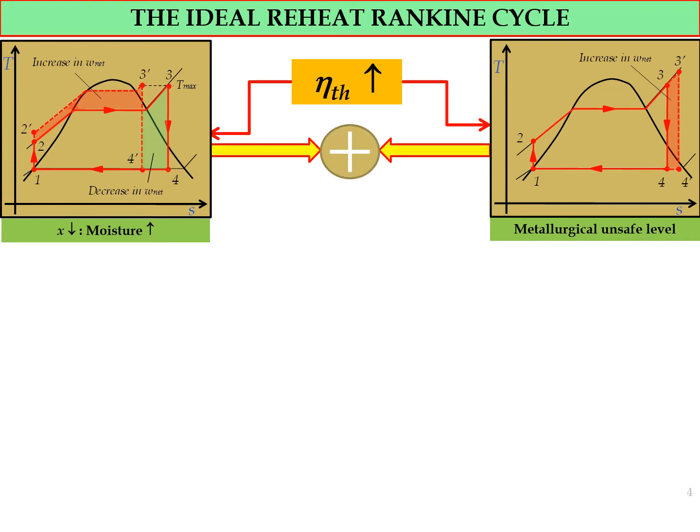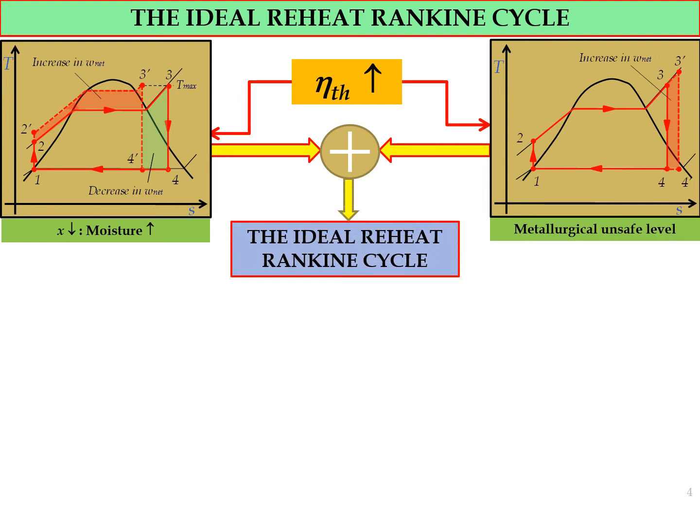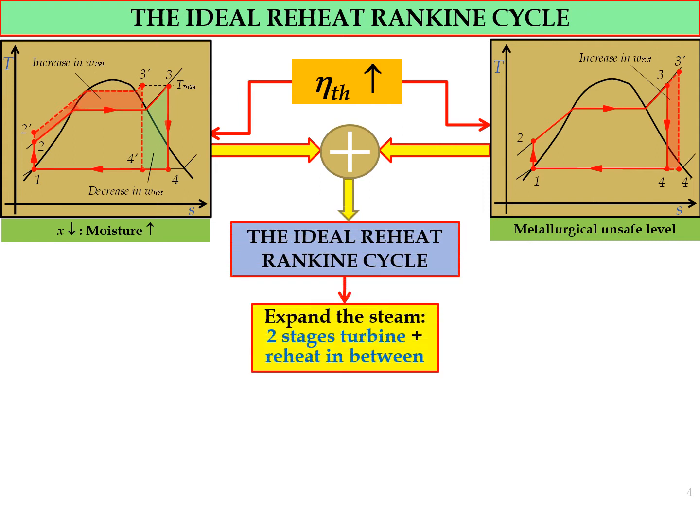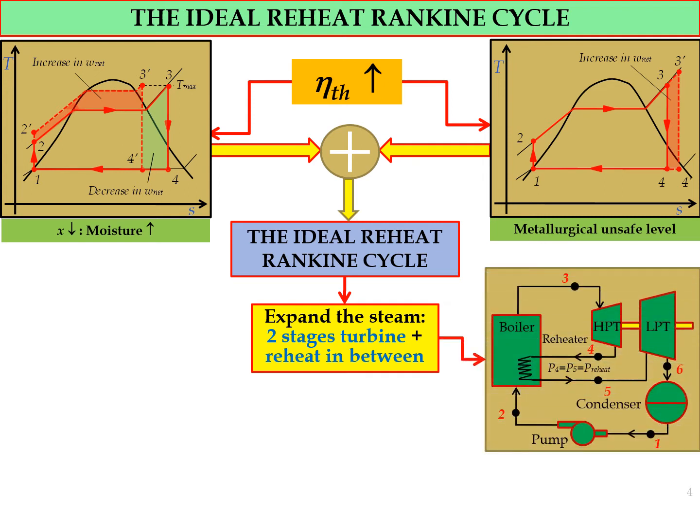So by combining these two methods, we can get the ideal reheat Rankine cycle. In the ideal reheat Rankine cycle, we expand the steam in a two-stage turbine plus reheat in between the two turbines. So this is the simplified diagram of the ideal reheat Rankine cycle.